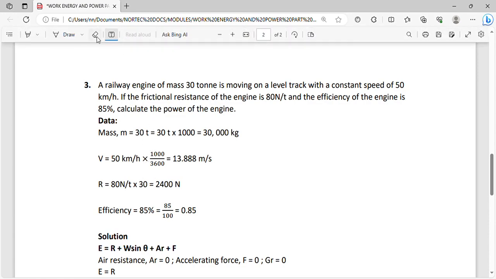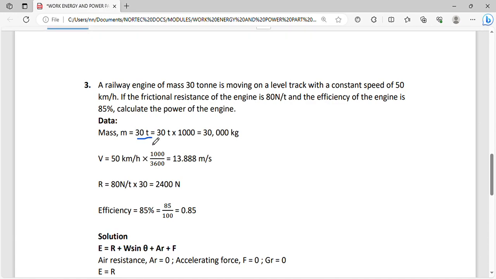From the information provided, we start first of all with the mass. The mass is 30 tons. We cannot just leave it in tons, we also need to convert it to kg. So we say 30 times 1000, we have 30,000. So that is our mass. Next, the velocity provided, which is 50 kilometers per hour, should also be converted to meters per second. So we say 50 kilometers per hour times 1000 divided by 3600. Once again, let's confirm that one.